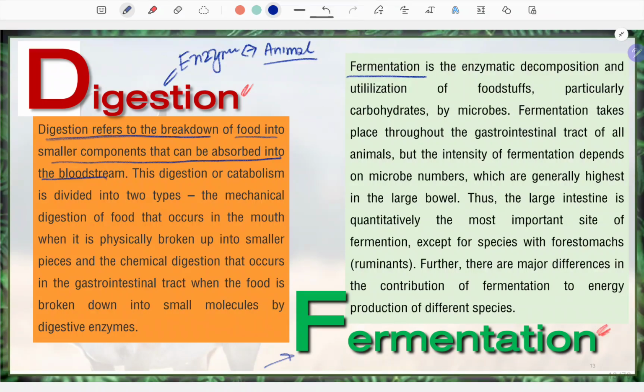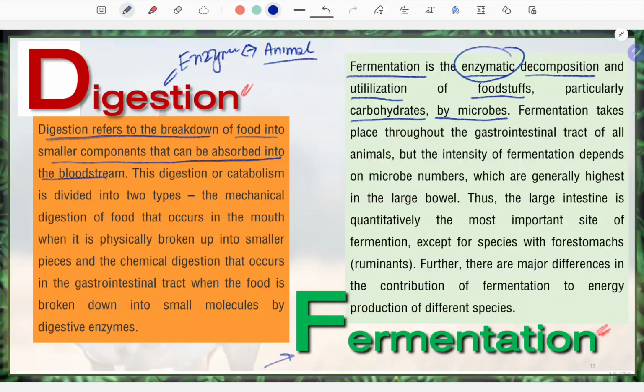Fermentation is enzymatic decomposition and utilization of the feedstuff, particularly carbohydrate, by microbes.